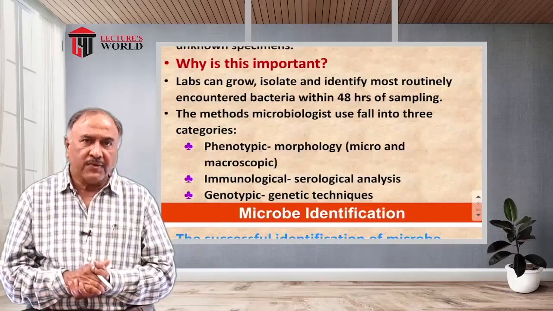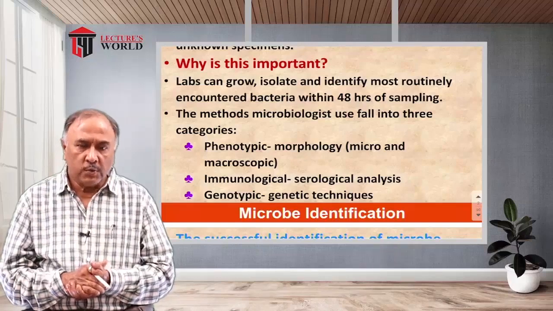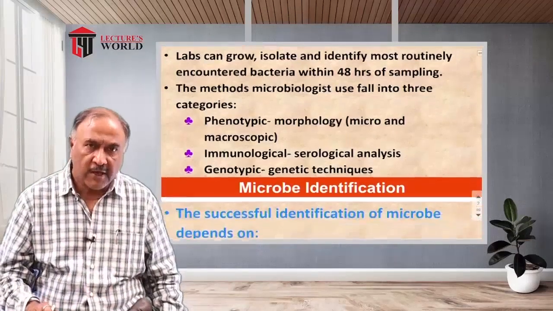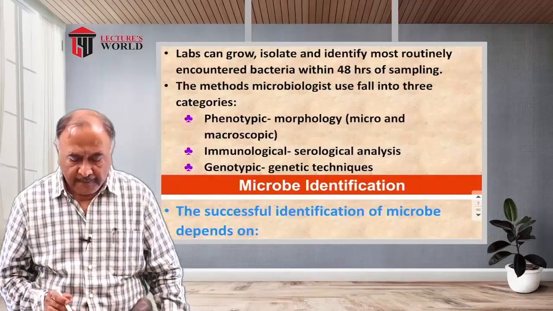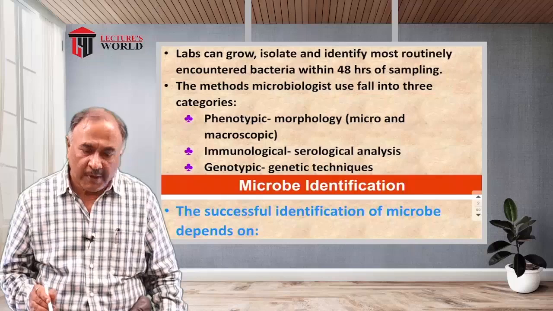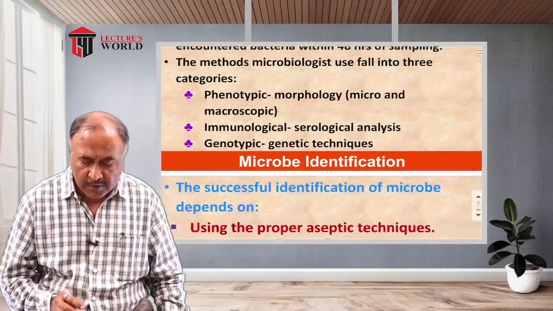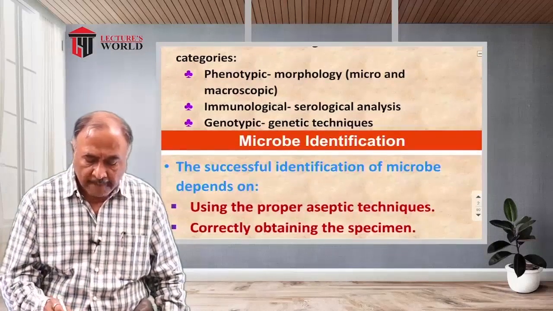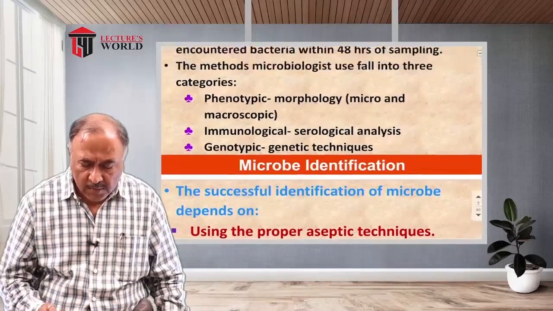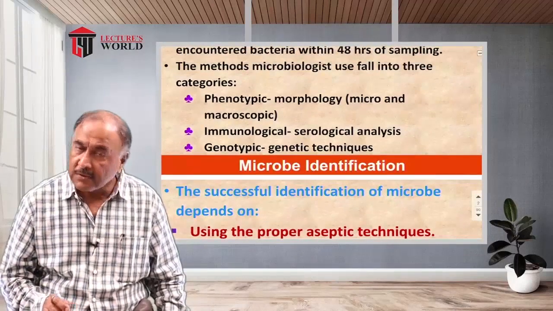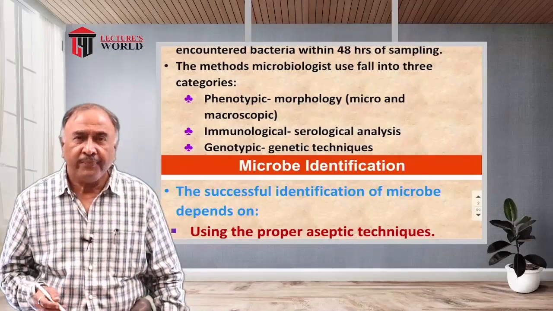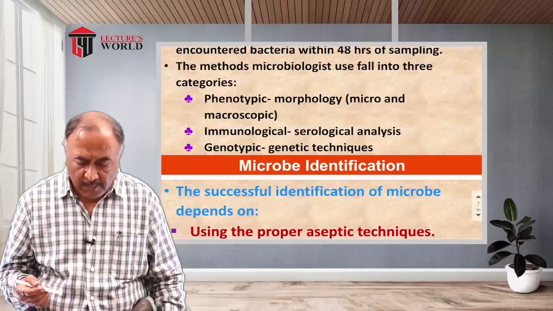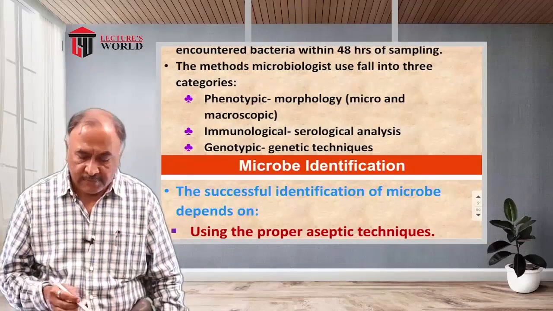The methods which are commonly used for identification in a laboratory include phenotypic methods, which include microscopic as well as macroscopic studies. Then you have immunological or serological methods. And the third one is genotypic or genetic techniques.